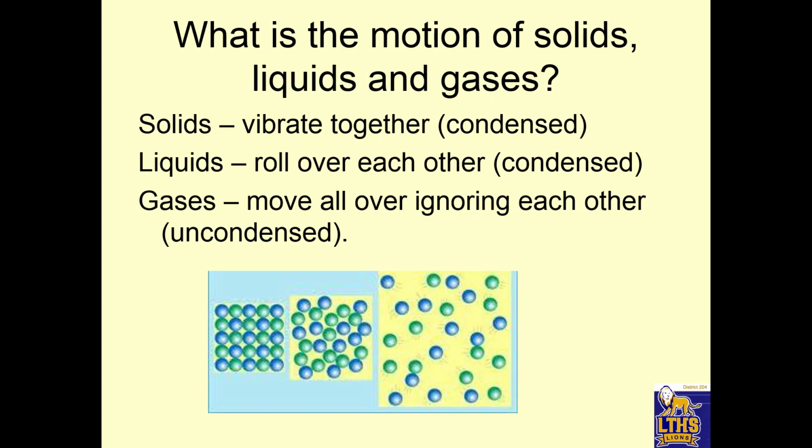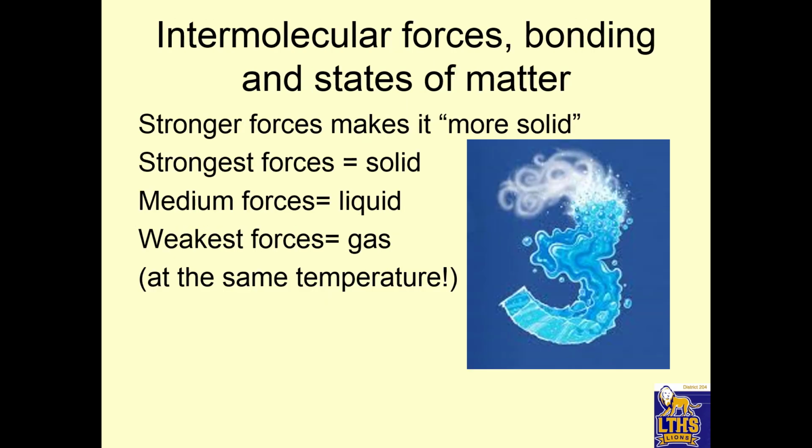Liquids, they can roll over each other, so they have some rotational motion, and they're vibrating, and a little bit of translational motion as they can go between spaces a little bit. Gases, unlike liquids, are uncondensed, and they have mostly translational motion because they're moving in straight lines in different directions. They're still rotating and still vibrating, but they have a lot of motion and they move all over, ignoring each other.